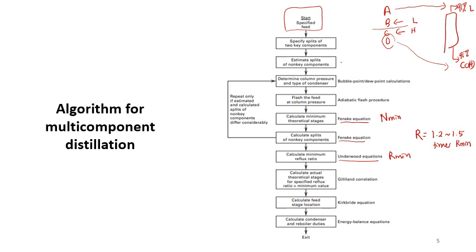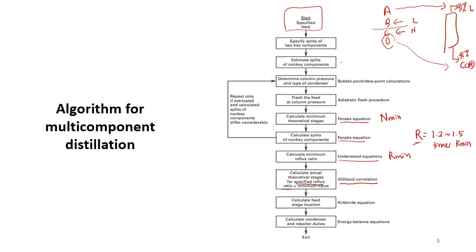So you have to decide or specify the reflux ratio to be how many times the minimum reflux ratio. Then after you have specified the actual reflux ratio, then you use the Gilliland correlation or any other correlation to calculate the actual theoretical stages.